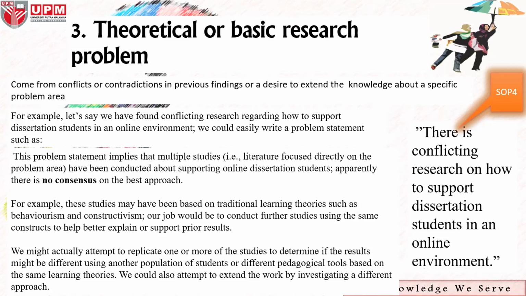That means there are contradictions in the findings between researchers in the literature. So then you can address this contradiction as part of your statement of problem, meaning that further study needs to be conducted to confirm the direction of the relationship between the two variables. Itu pun salah satu gap yang kita boleh nyatakan.